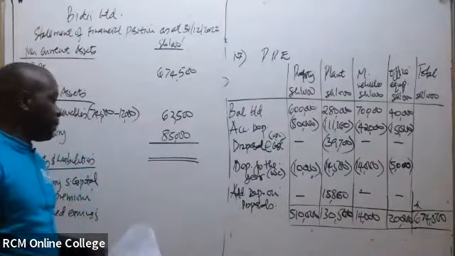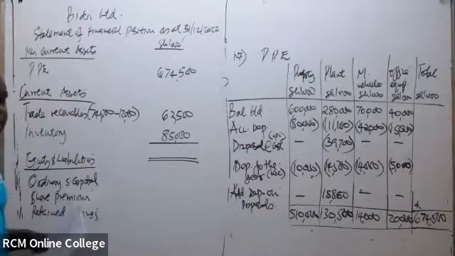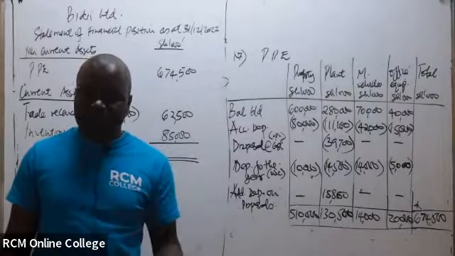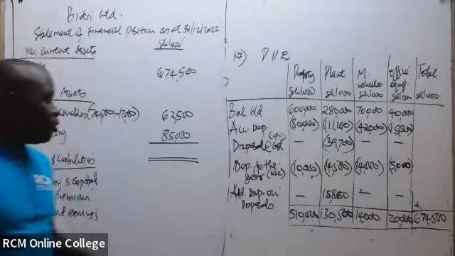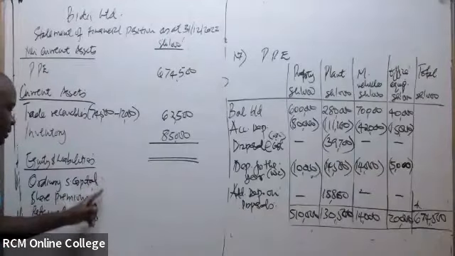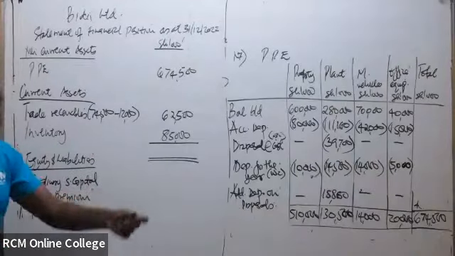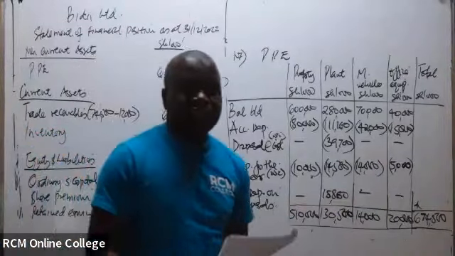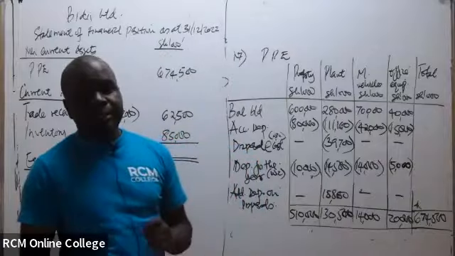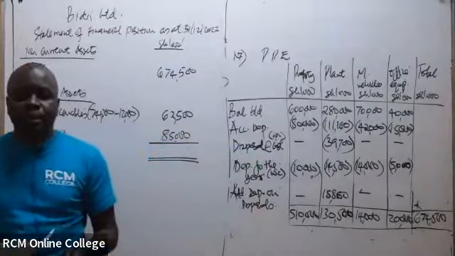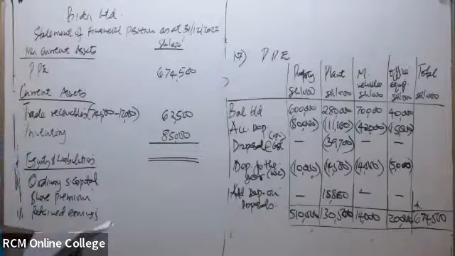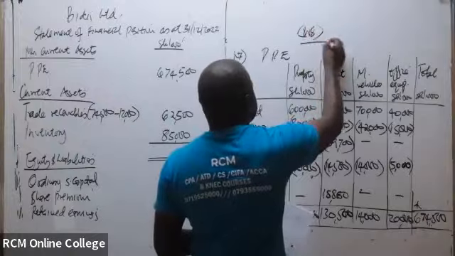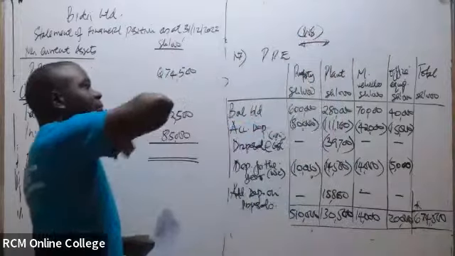So take note, if it happens that the examiner hasn't told you to prepare a statement of changes in equity, you have no option, but you'll have to prepare it as part of your workings, because you need to place here the balances of these equity elements by the end of the year. And maybe during the year, they might have actually changed. So even if the examiner hasn't told you as part of the requirements, this statement of changes in equity will end up being your working number 8.